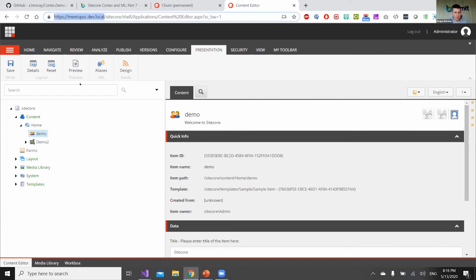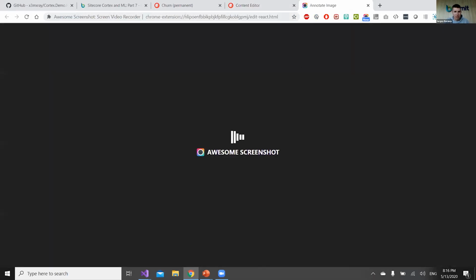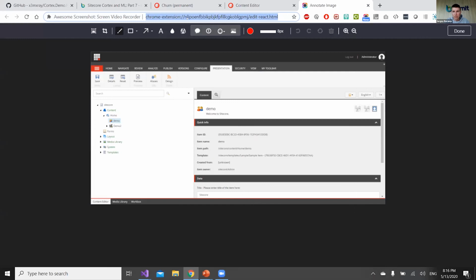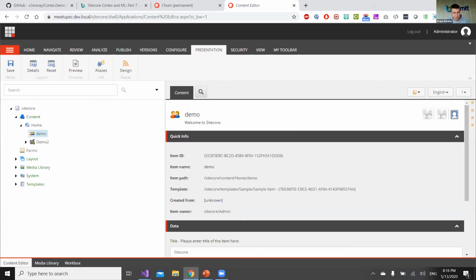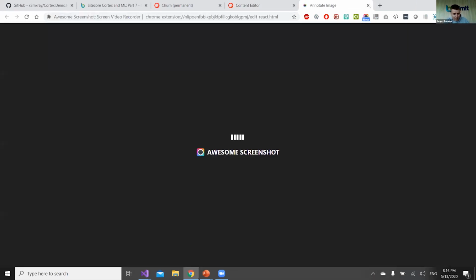There's only one difference between these two presentations: in the first case you should see one image, and in the second one you will see another one.